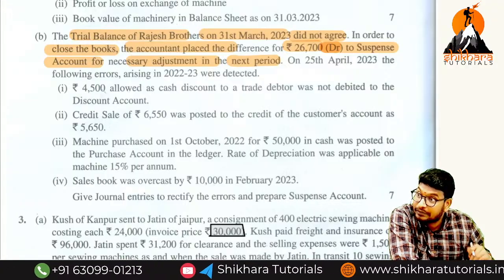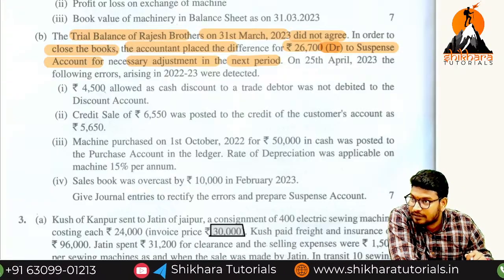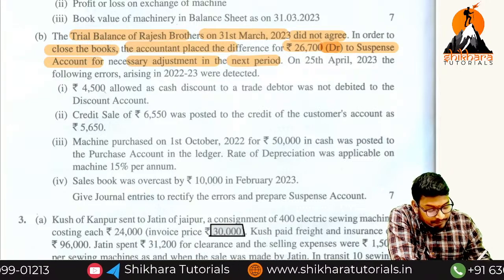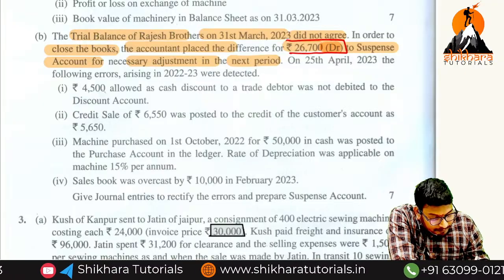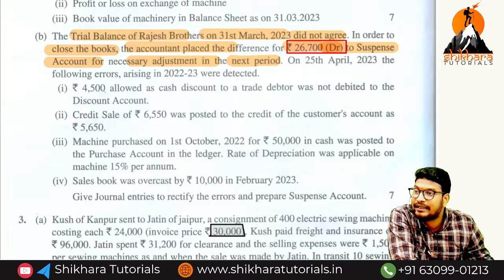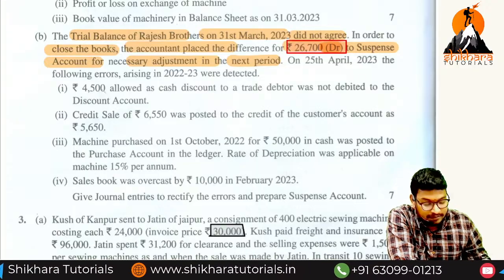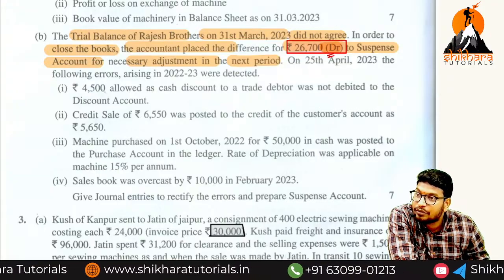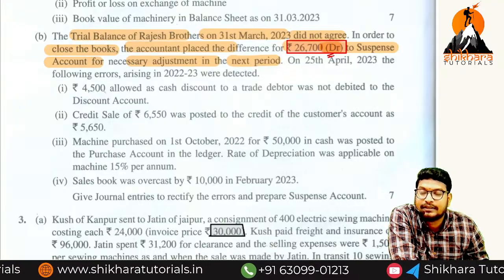Try to understand. We have to discuss the stages of rectification also. Stages of rectification, and then you can understand this one. But up to now, the suspense account is showing which balance? Debit balance. For a debit balance, opening balance will be on the debit side, closing balance will be on the credit side. What we need to write: by balance brought down, to balance brought down, 26,700 suspense account.